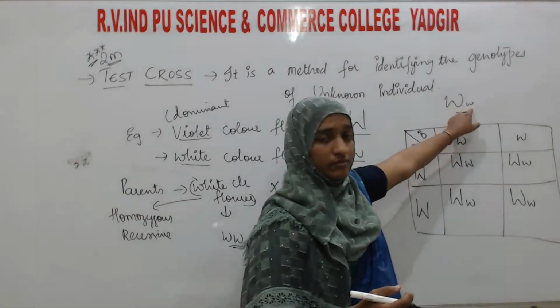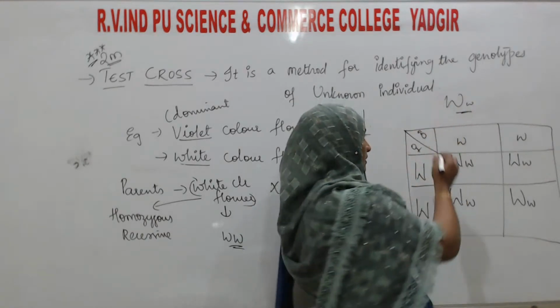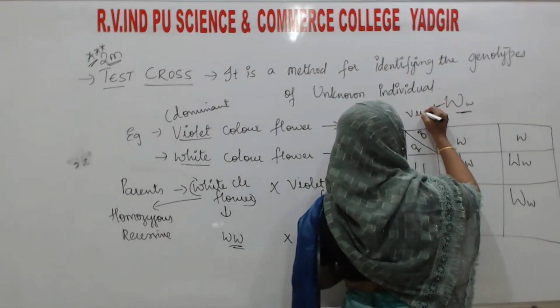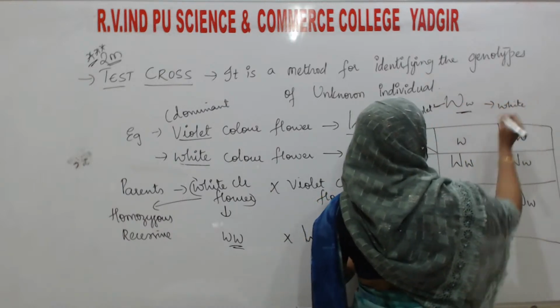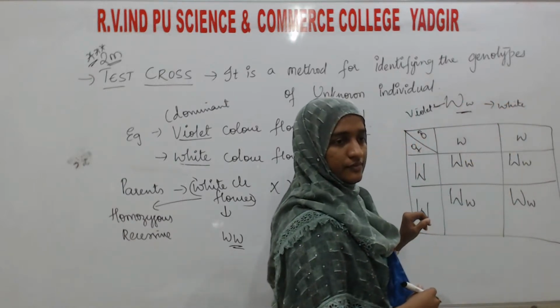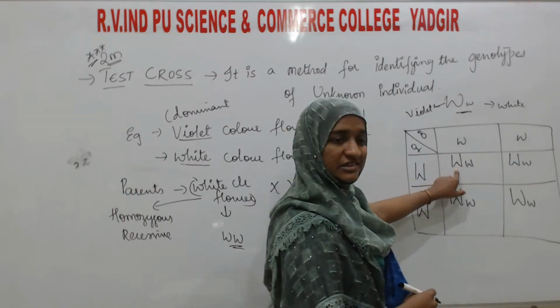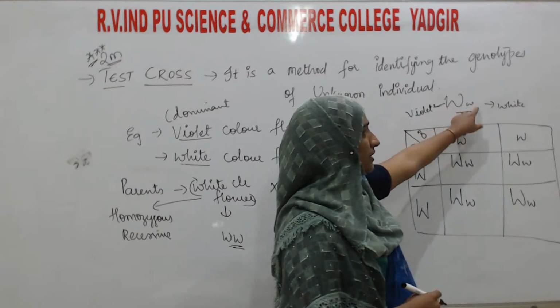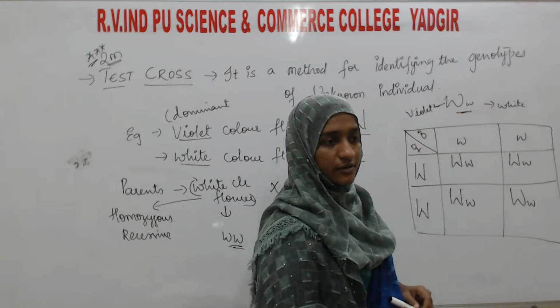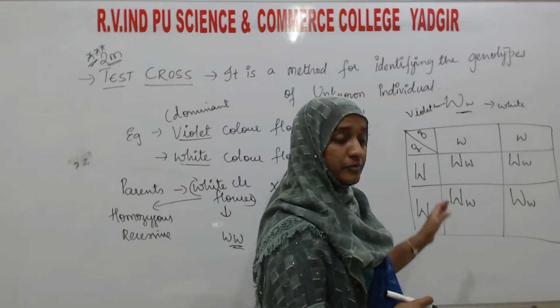In these two, who is dominant? Violet is dominant over the white color flowers, which is represented by capital W. So what will the offspring be?